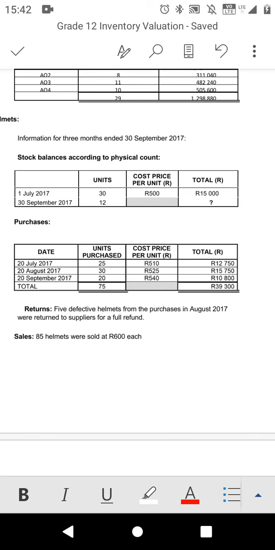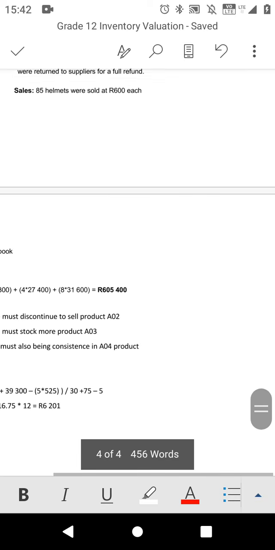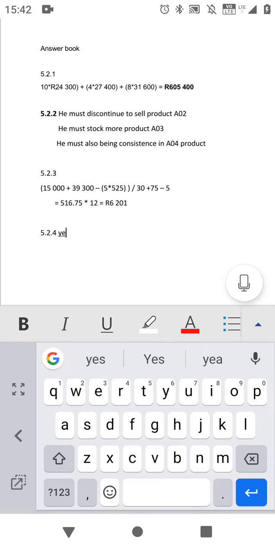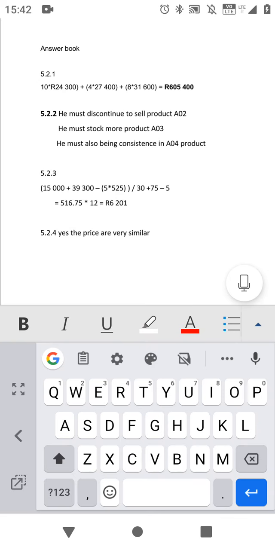Yes, it's appropriate. Why? Because the items are of similar value. The prices are very similar. The prices are not increasing too much.